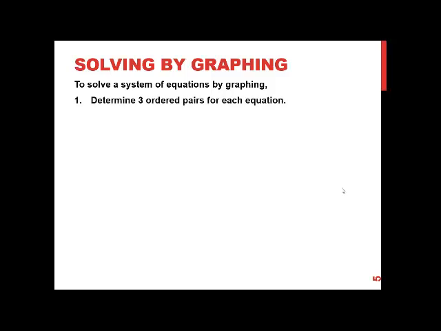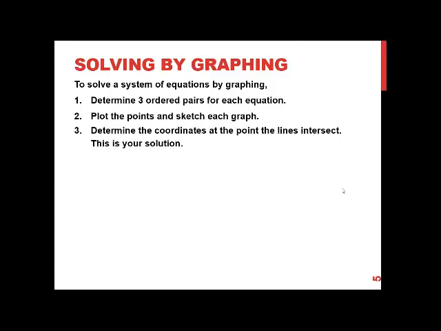So to solve the system, determine 3 ordered pairs for each equation and plot the points and sketch the graph. Now in reality we can use whatever method you want to graph. If you want to plot the y-intercept and use the slope, whatever works for you, just plot each graph. Determine the coordinates of the point where the lines intersect, and this is your solution.